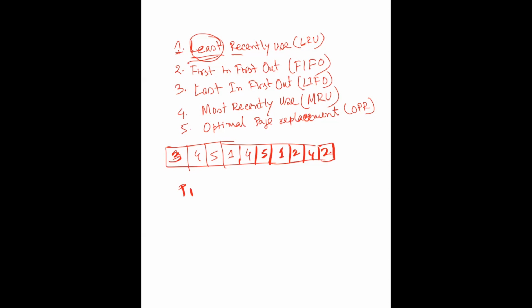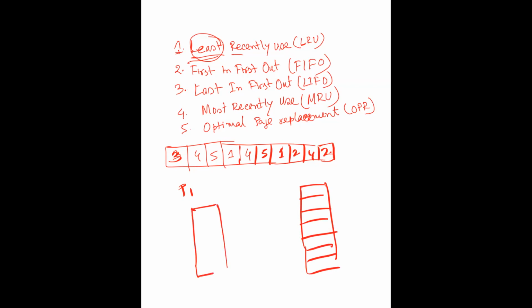Now let's see. This is your memory or RAM, with frames 1, 2, 3, 4, 5, 6, and this is for process P1. Here there are a total of 5 distinct pages.